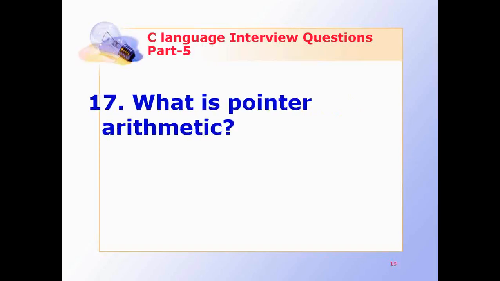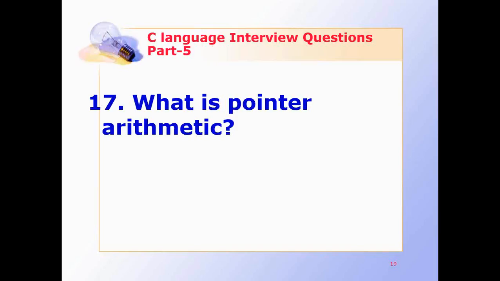What is pointer arithmetic? A C pointer is an address which is a numeric value. Therefore, you can perform arithmetic operations on a pointer just as you can on a numeric value. There are four arithmetic operators that can be used on pointers: plus plus, minus minus, plus and minus.